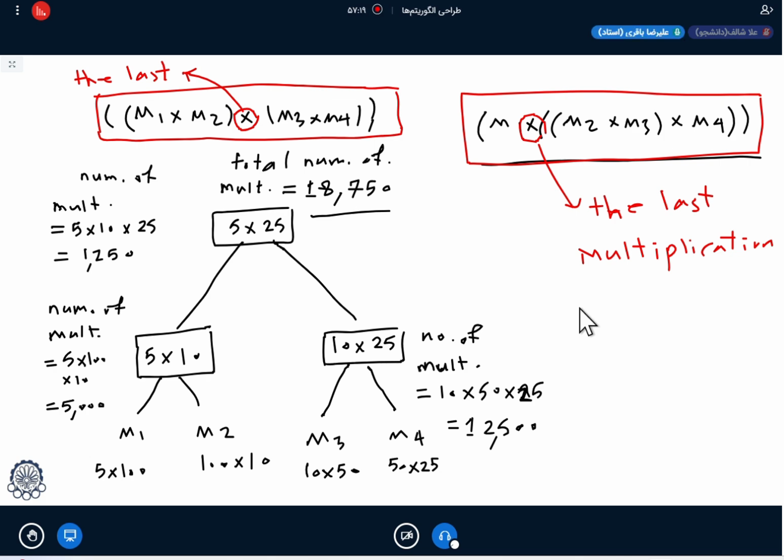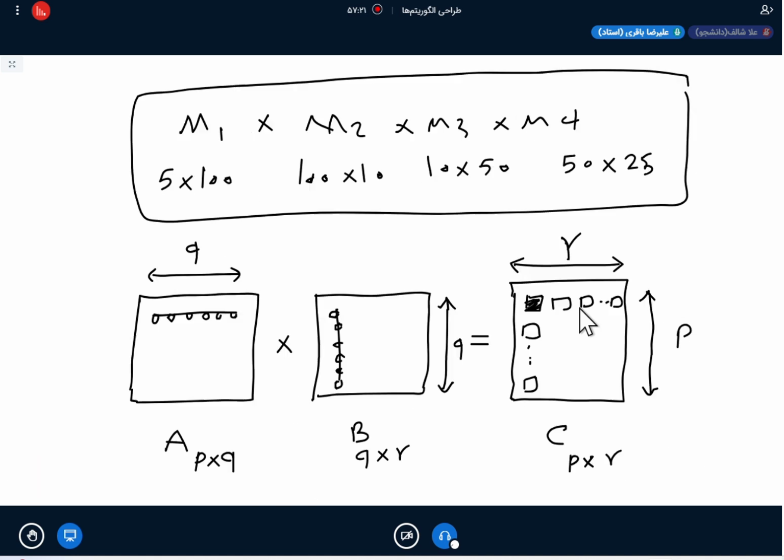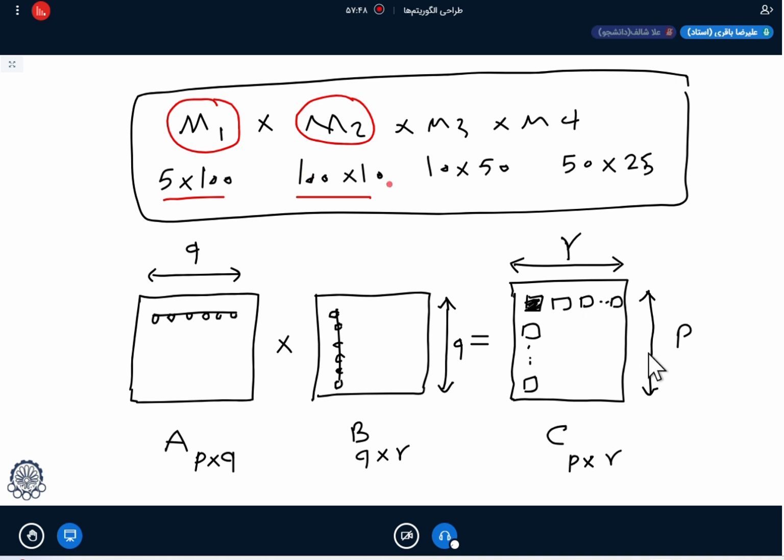These are the dimensions of the given matrices. We are given these matrices. Matrix M1 has 5 rows and 100 columns. Matrix M2 has 100 rows and 10 columns.